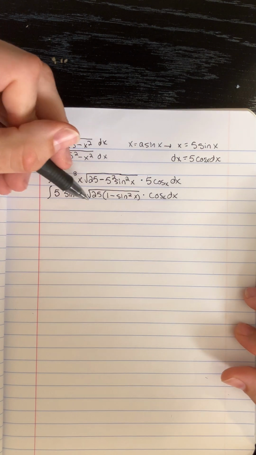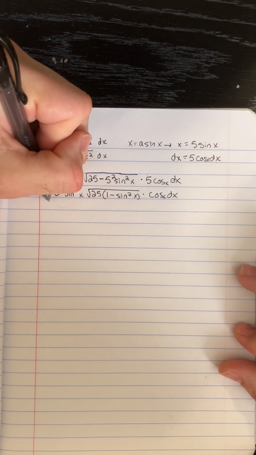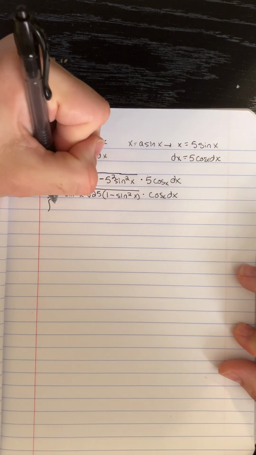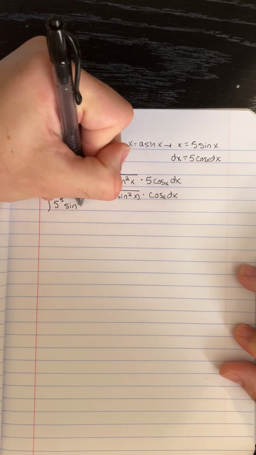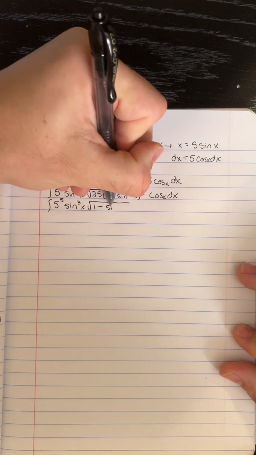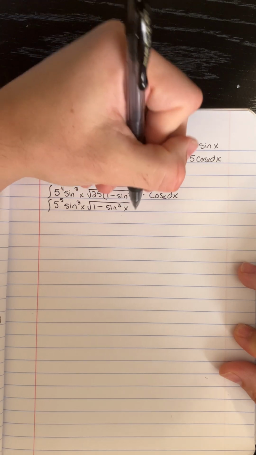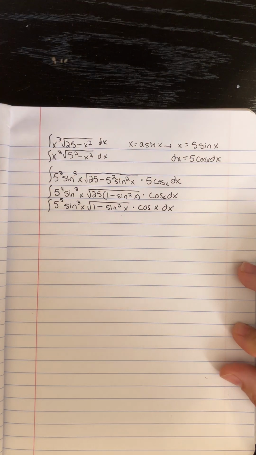From here, we can bring a 5 out from the square root because the square root of 25 is 5. And so we would be left with the integrand of 5 to the 5th times sine cubed of x times the square root of 1 minus sine squared of x times cosine of x dx.